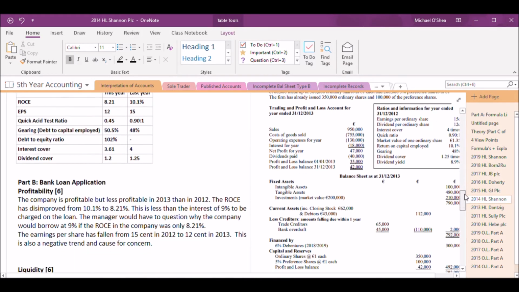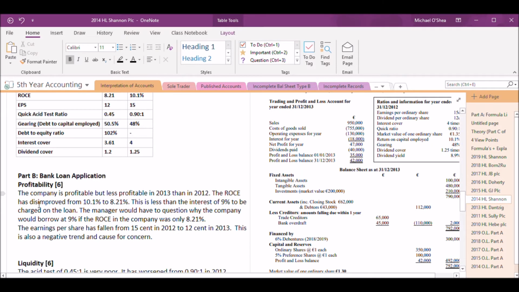So if you're making 8.21% return on capital employed, the company makes 8.21% profit each year, and they would be paying out 9% interest on this loan. That doesn't look too appealing.